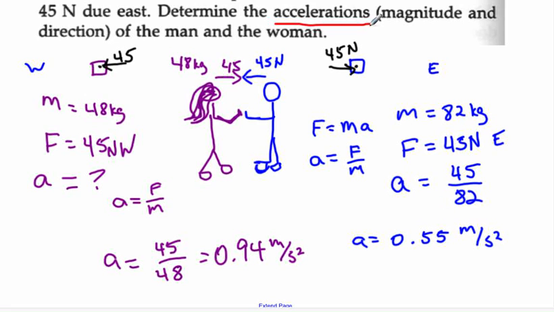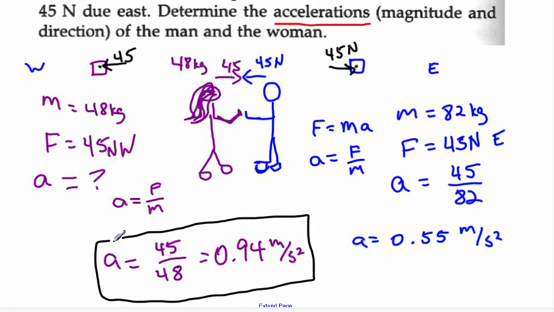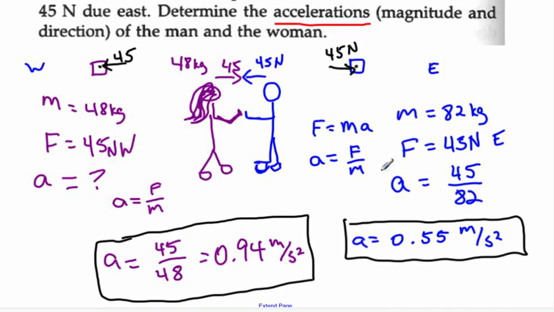Now, does this make sense? Does our answer make sense? Hers is 0.94. That's a reasonable acceleration. It's not way off the scales that we're used to. And his is 0.55. Now his acceleration is less. Does that make sense? Yes, he has a greater mass than what she has, right? So the forces are the same.